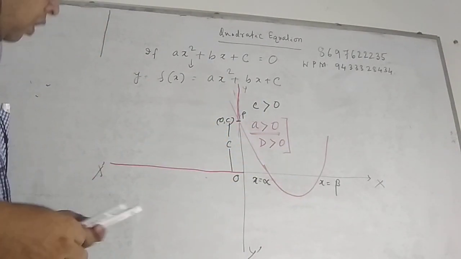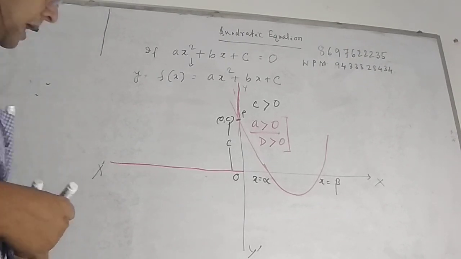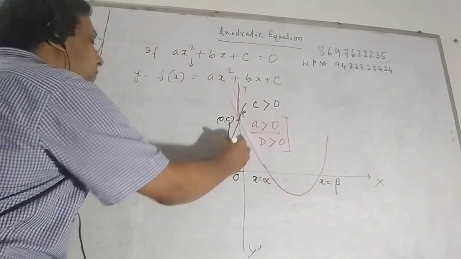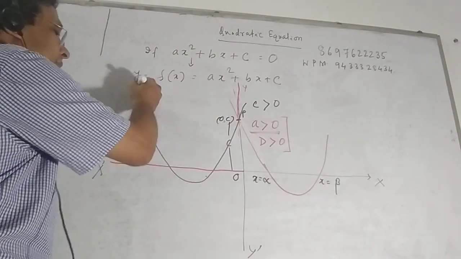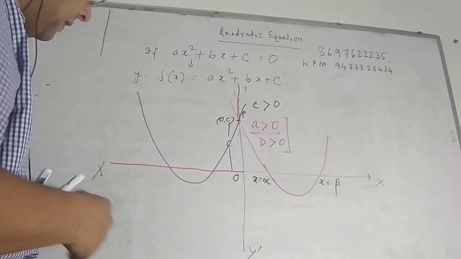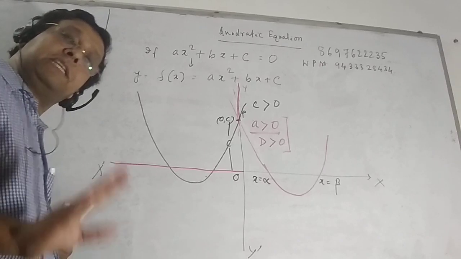Now let us also think about another parabola, like this. If I draw the parabola like this, here you see a little bit of difference. The difference is that here the roots are not positive, but they are also distinct.